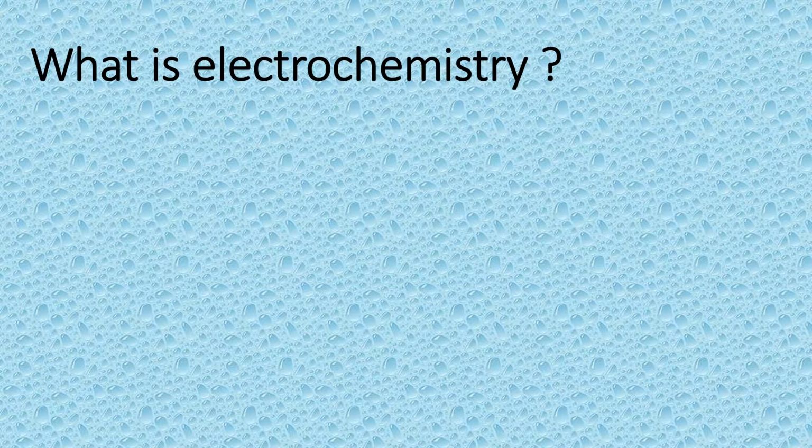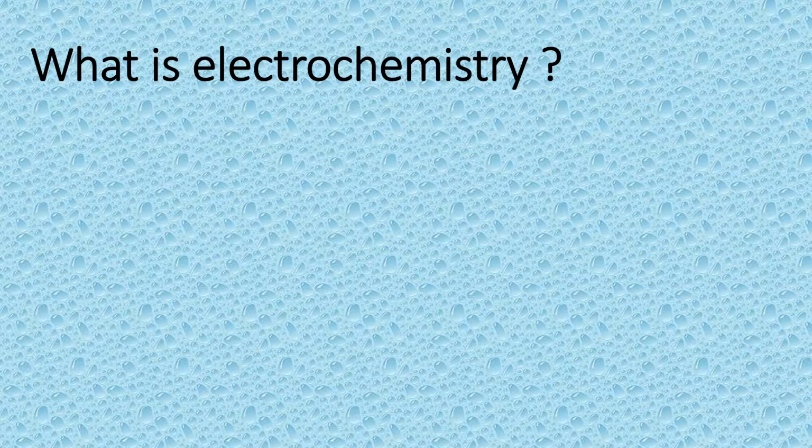So remember my first slide said this topic is called electrochemistry. If you're wondering what electrochemistry is, I thought I'll just give you an introduction. Electrochemistry is a concept that is used to explain certain types of chemical reactions.